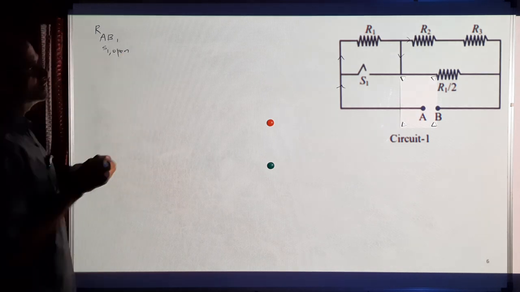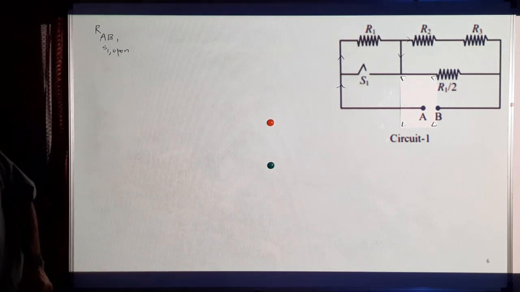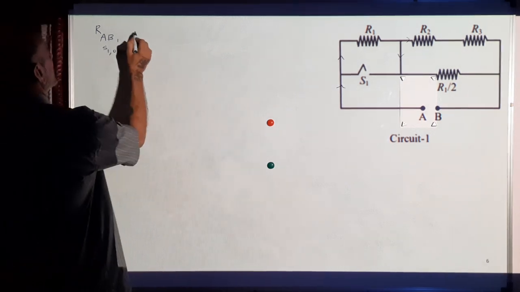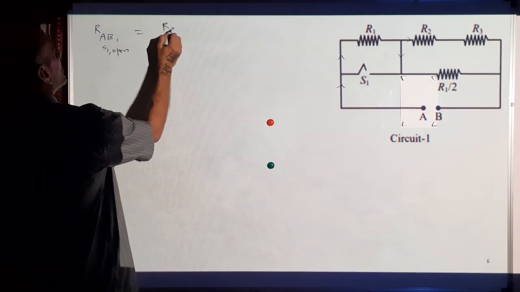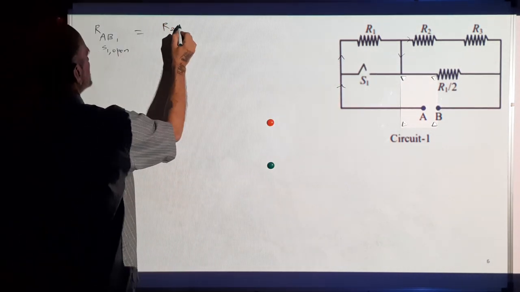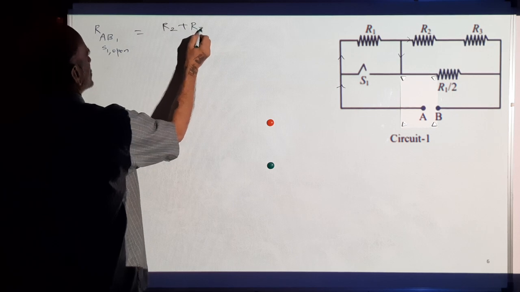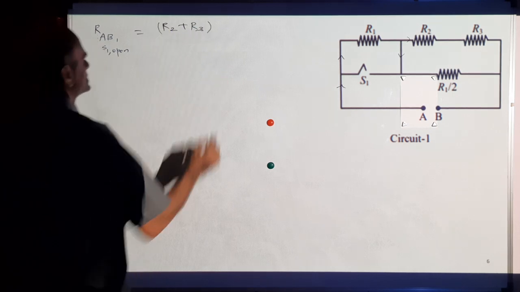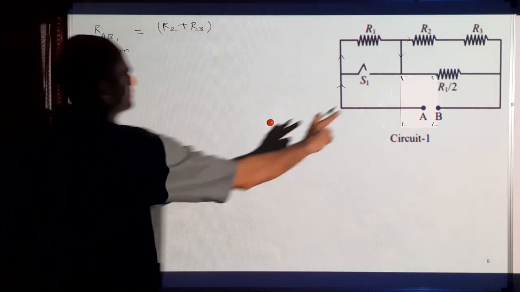So to get the effective resistance between A and B, R2 and R3 are in series. So the total resistance is R2 plus R3. That is in parallel with R1 by 2.